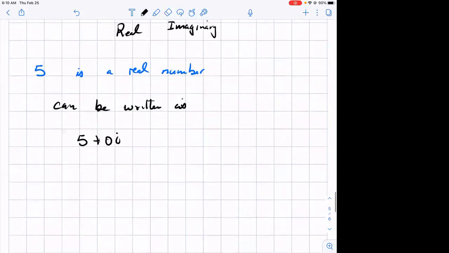So here we have the real part, and this part is my imaginary. But we don't write 0i, it has no significance. It's just to show you that a real number can be written as a complex number. And this happens for any real number.